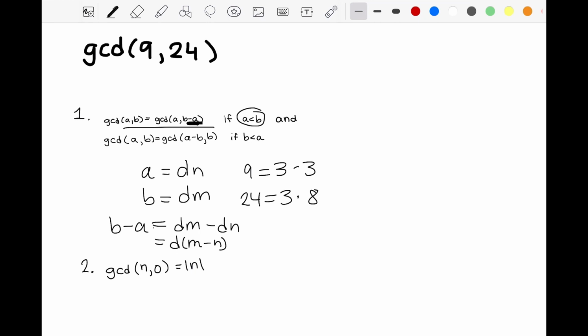And so what this means is that b minus a is also divisible by d. And let me just rewrite that with our example to hopefully make this more concrete. So 24 minus 9 equals 3 times 3 minus 3 times 8. Factor out that 3.